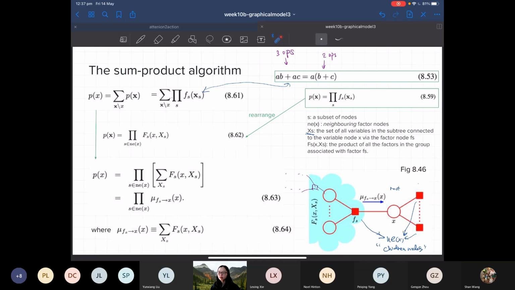Okay, we have done no work except replacing the product over all factors with the product over neighbors of X. And then the other products are just folded into the big F, right? Because as you can see, it's the product of all the factors in the group associated with the factor.